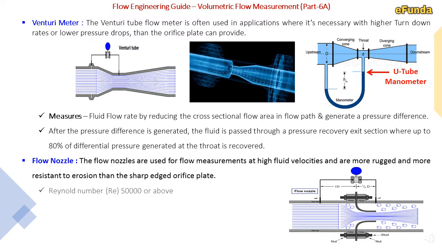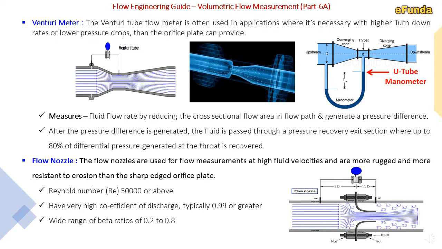This is basically used where the Reynolds number is above 50,000 and has a very high coefficient of discharge, typically 0.99 or greater. A wide range of beta ratios are available, between 0.2 and 0.8. This is how the flow nozzle is used for volumetric flow measurement.